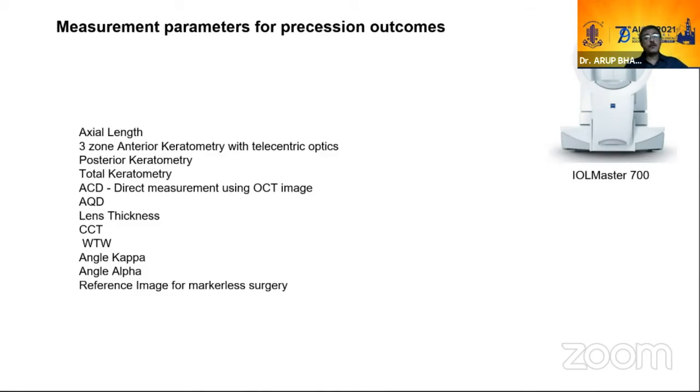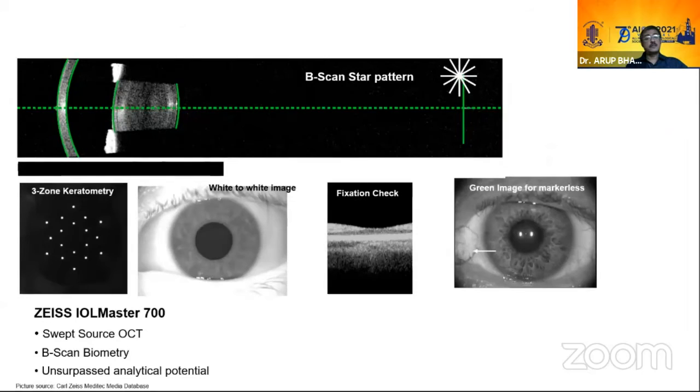This is much more than your standard optical biometry gives, and what is absolutely new is posterior keratometry and total keratometry, which is not available so far in any other swept source biometry machine. It also gives you angle kappa, angle alpha, and an excellent reference image for markerless surgery.